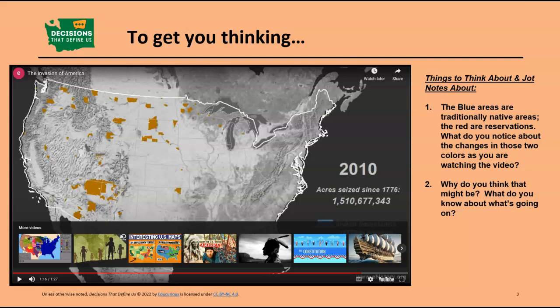So if you know anything about this history, then you might have heard of the idea of manifest destiny. And manifest destiny is this idea that the U.S. should stretch from coast to coast.